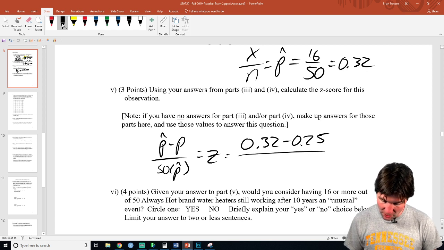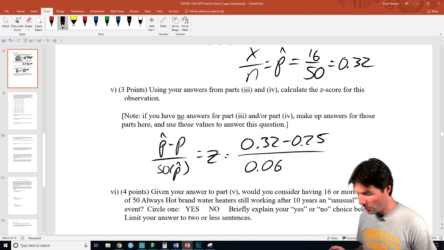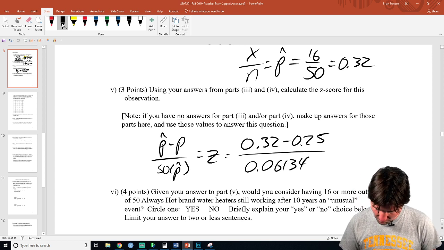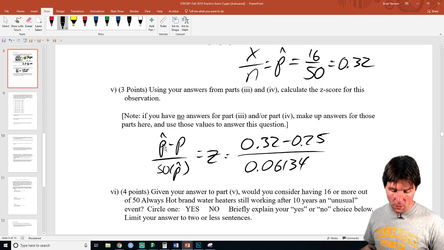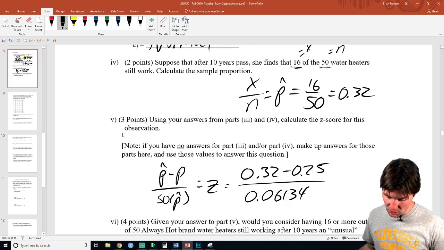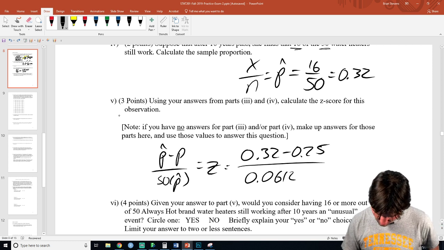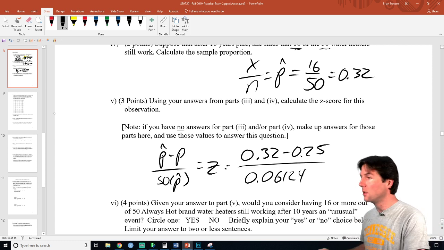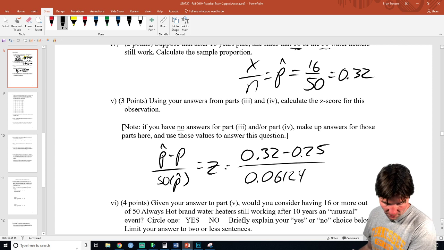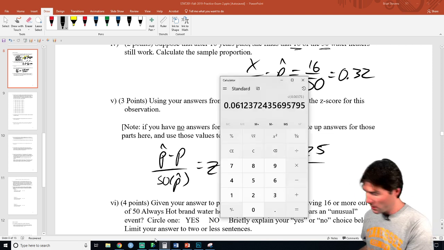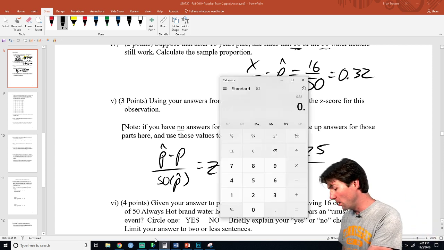And then we divide by 0.06134, I think. Observation minus mean over standard deviation is the z-score, and I got it wrong, it's a 2 there. There we go. So all we're doing is standardizing this difference. That is all a z-score is, because we want to see if this is unusual.